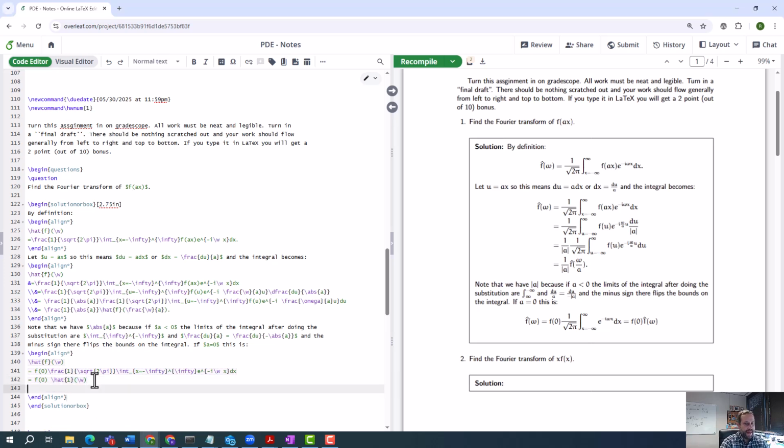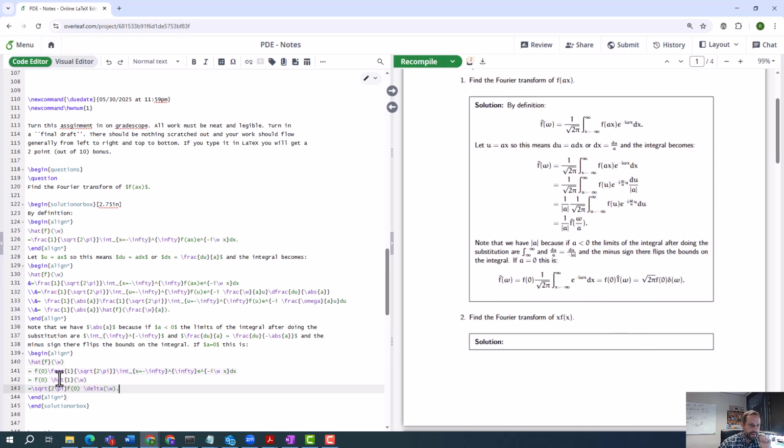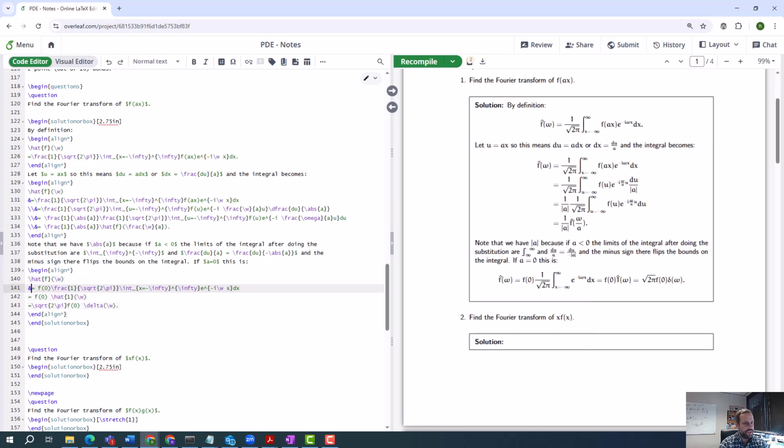Well, that is equal to the square root of 2 pi times the delta distribution. Okay, I actually want to put this here, and so that's what we have there. Maybe just to make this look symmetric, I'm going to make this all on different lines as well. Okay, and so there we have it.